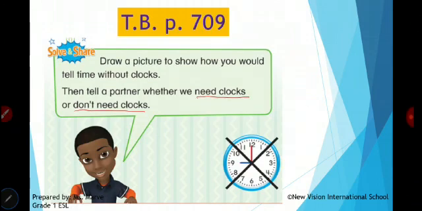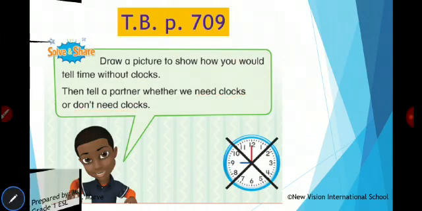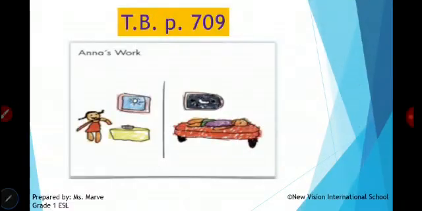Maybe the light from the sun would wake you up. Okay, let's try to see how Anna draws his work. Good job. You can write it down there on your book, page 709. Are you done? Very good.